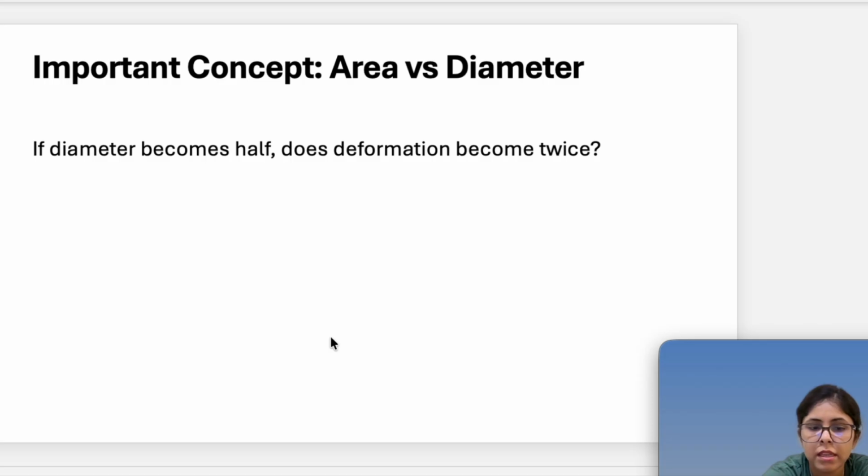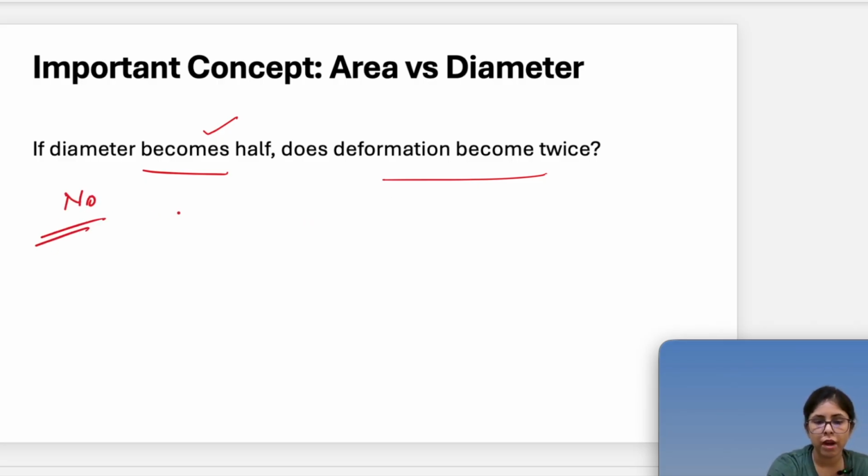So in this, can I say that if diameter becomes half, does deformation become twice? So this is a question. Is it possible that if diameter becomes half, deformation will be twice? The answer will be no. Why? Because area is directly proportional to diameter square.